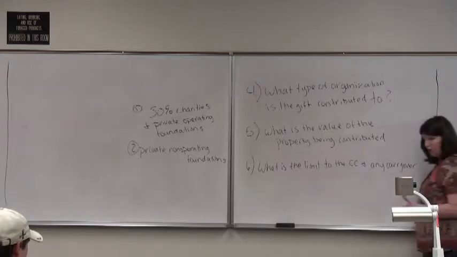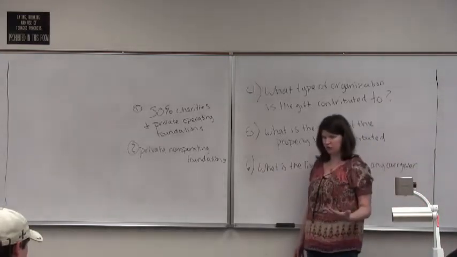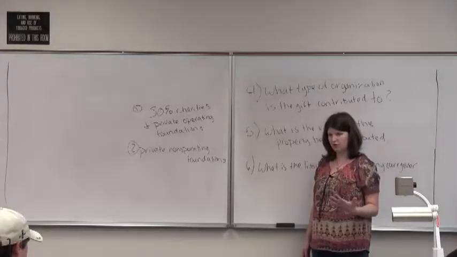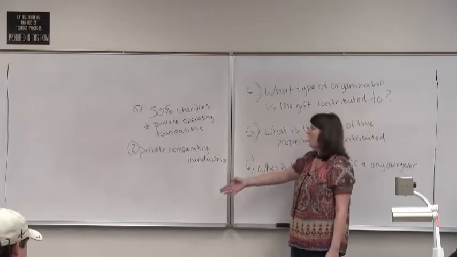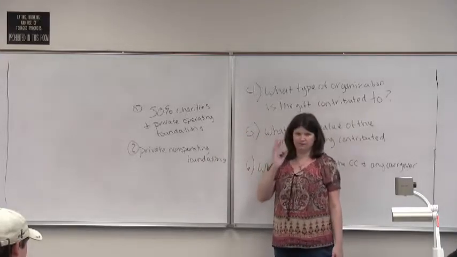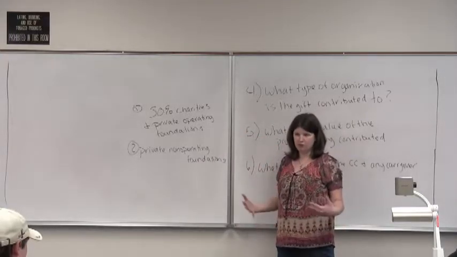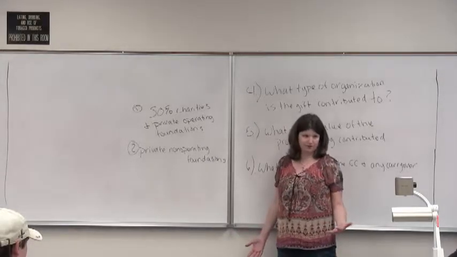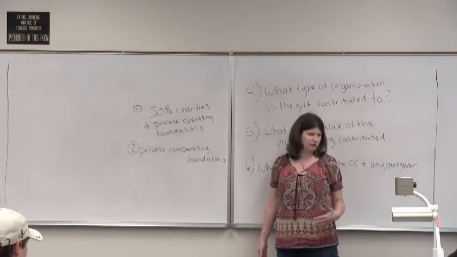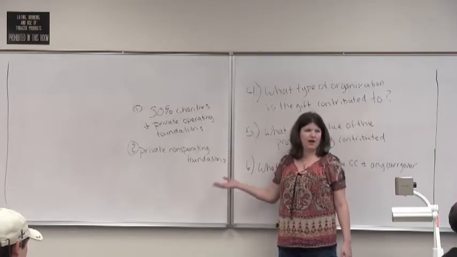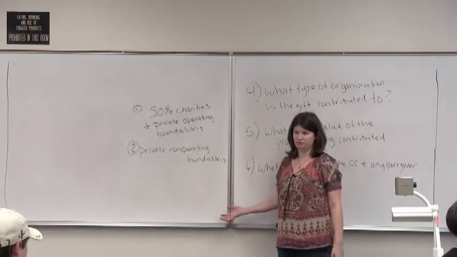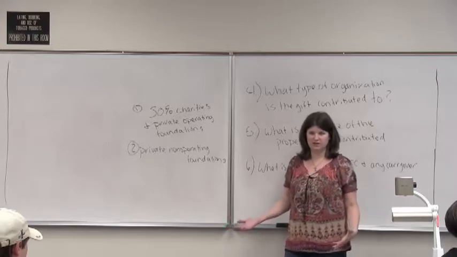So how do you know if what you're contributing to, or what your client is contributing to, is a private non-operating foundation or a private operating foundation? You have to call them and ask. That's the short answer. You have to call the foundation and ask them this question. And it changes every year. So there's no real easy way to do it.